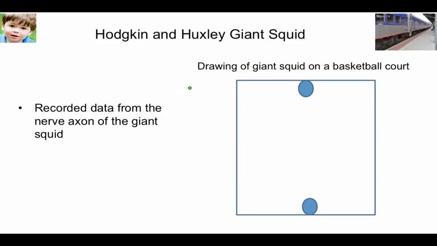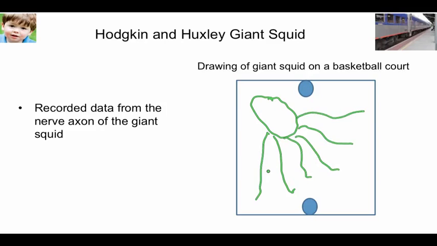So a giant squid is probably the creature for whom the ancient sea monsters were modeled after. If you think of a basketball court, the size of a basketball court, then a squid is enormous, even in relation to the size of a basketball court. So a giant squid is something like what people call an octopus in cartoons.